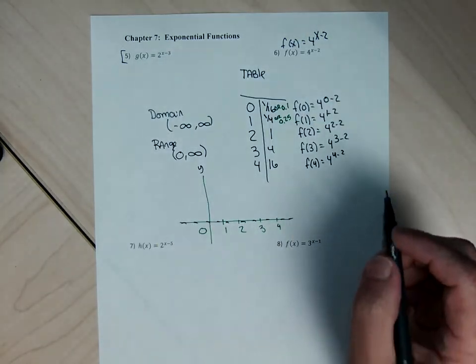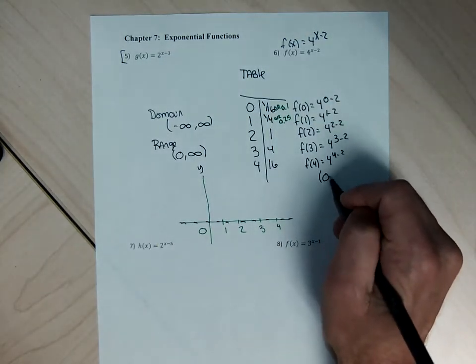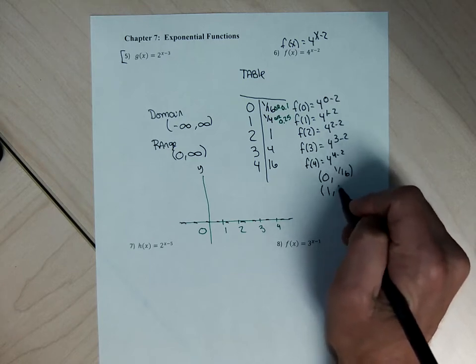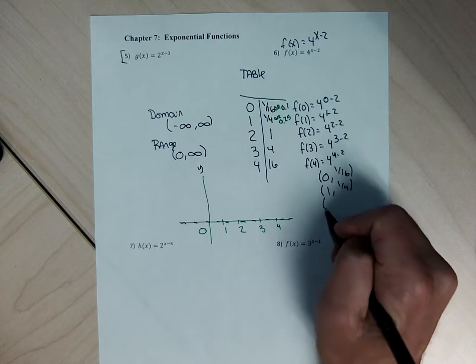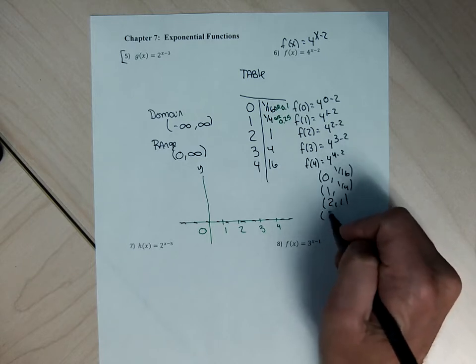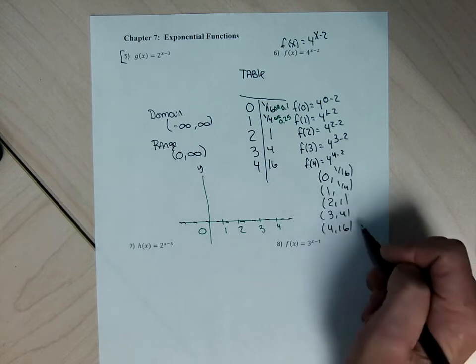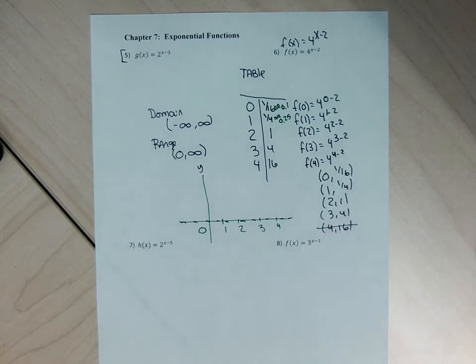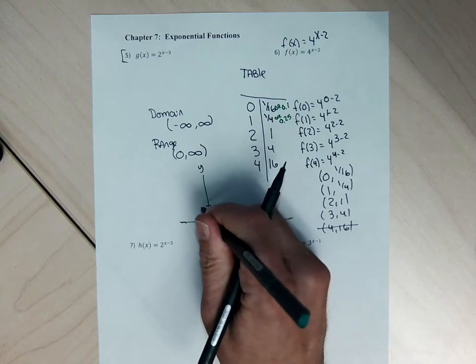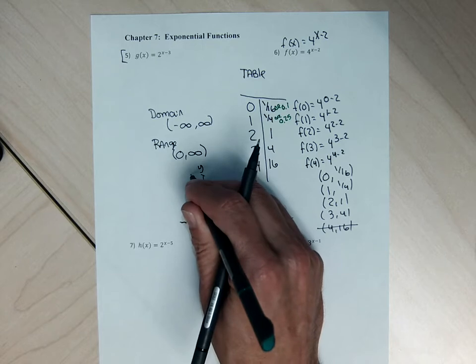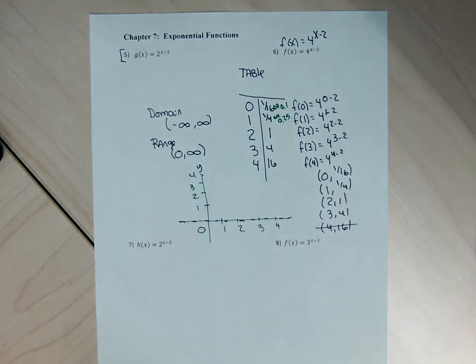So the points that I'm supposed to plot are the point 0 and 1/16, the point 1 and a quarter, the point 2 and 1, the point 3 and 4, and the point 4 and 16. I don't feel like plotting the point 4 and 16 because I don't want to make 16 marks on my y-axis, so I'm just going to kind of wave at that and maybe not plot it perfectly. And I'll plot the other points decently well.